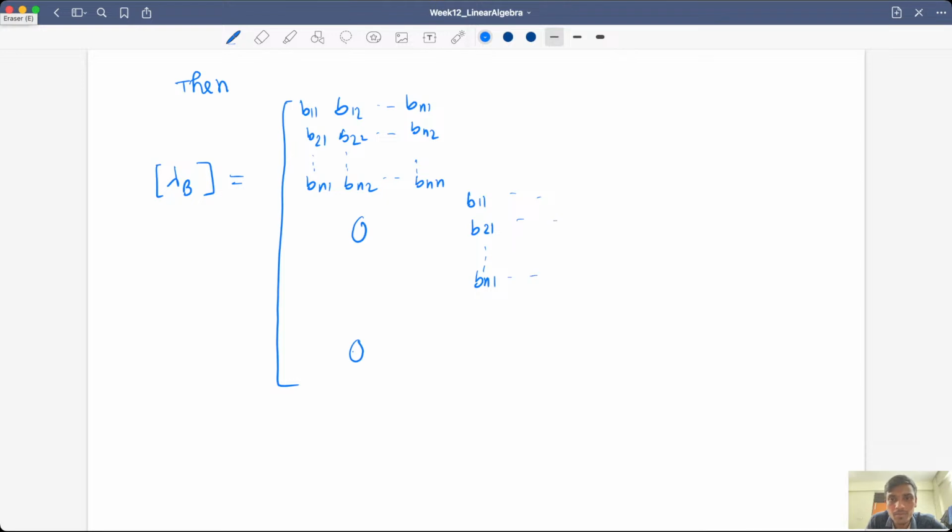So a copy of B, and here is again totally 0, and so on. So this actually gives me diagonally all the entries as B, and the remaining entries are 0.